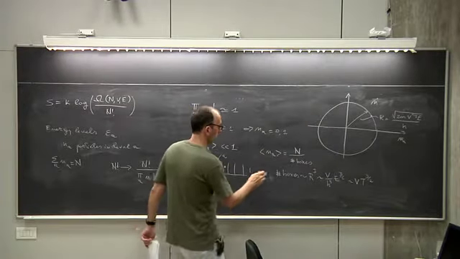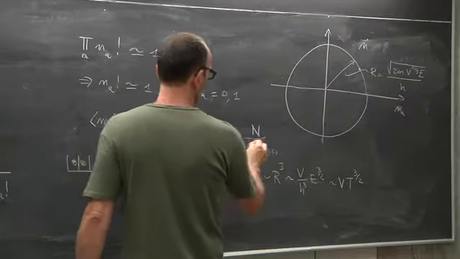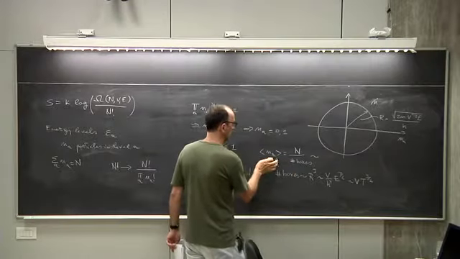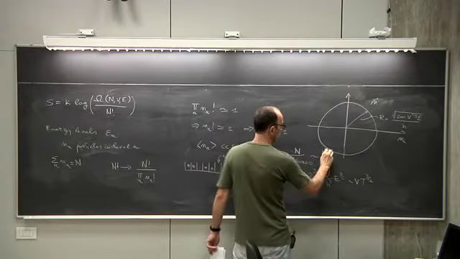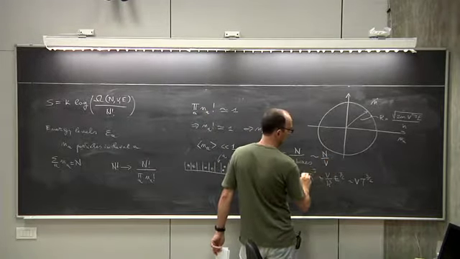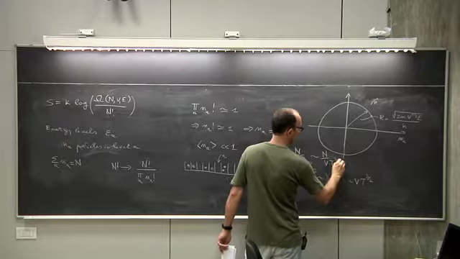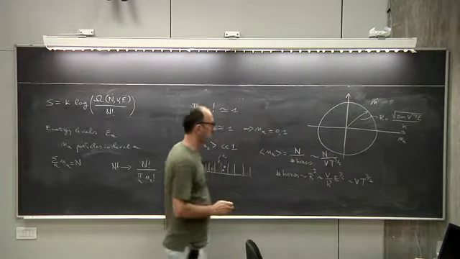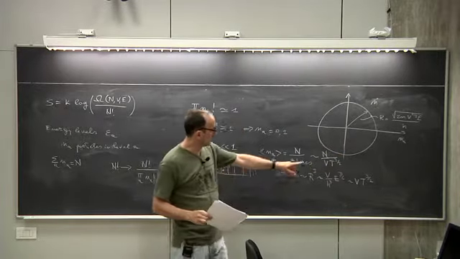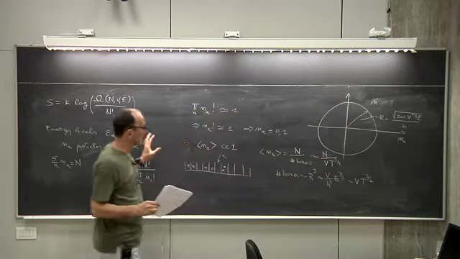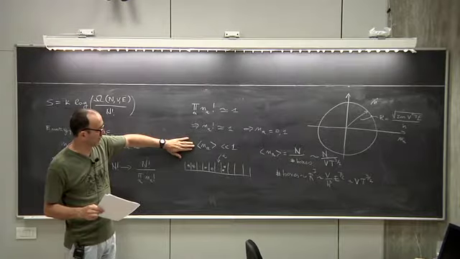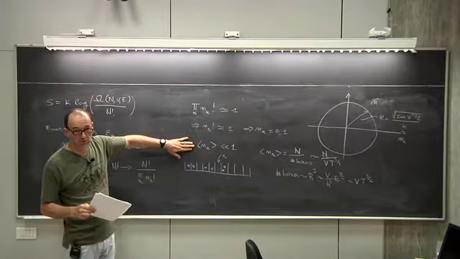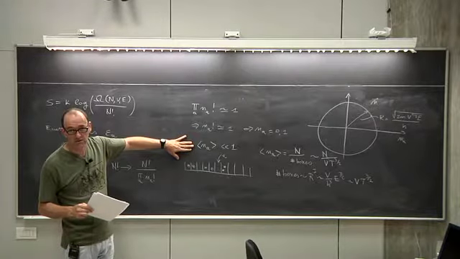Okay, so you see that the average occupation number will be proportional to N divided by V times T to the 3/2. So the classical condition will be fulfilled when the density is very, very small, or when the temperature is very, very high.